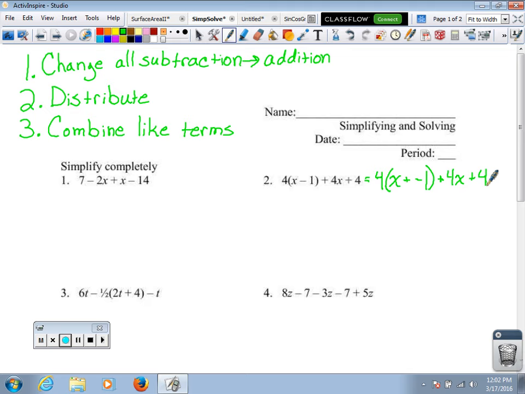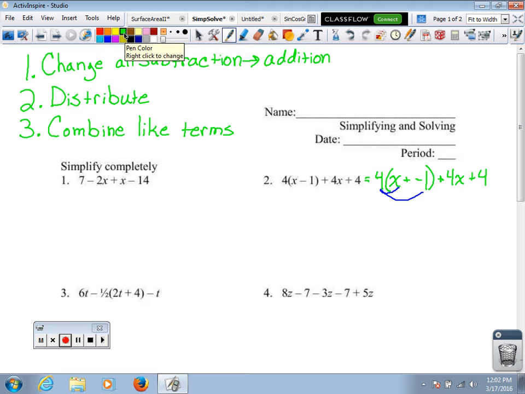Then, after we change all that subtraction to addition, the next thing is to distribute. So, I have this 4 in front of the parentheses. I'm going to distribute that 4. What does it mean to distribute? What does it mean to distribute, JD? Very good.